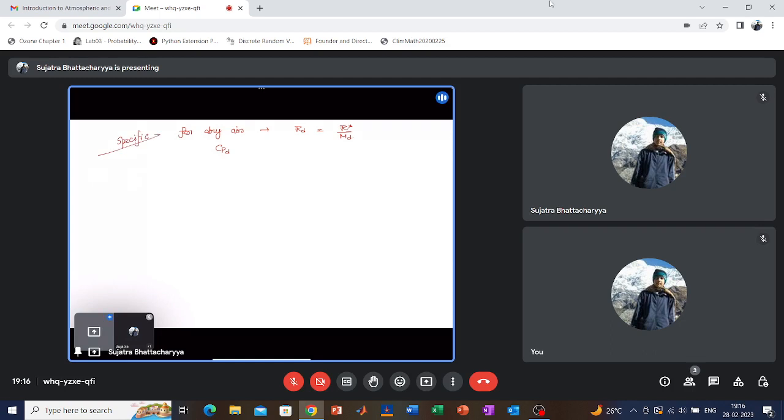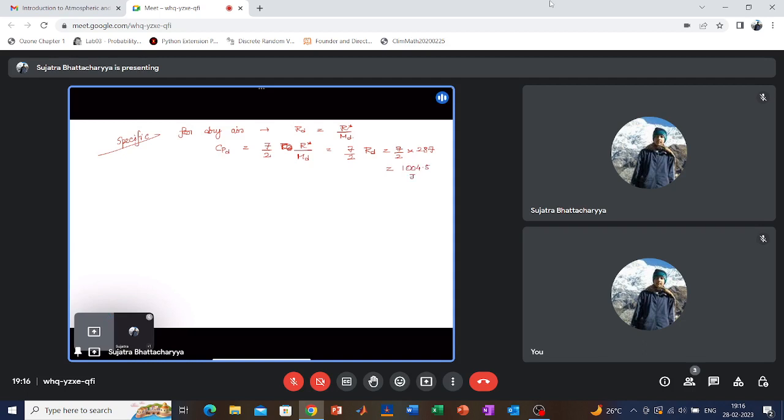So Cpd for dry air will be, earlier it was 7 by 2 R star, now just replace it with Rd, R star by Md, because this is per unit mass. So it will be 7 by 2 Rd. How much does it come to? 7 by 2 into, we know this value, 287. Is it near 1004? Let's see. 287 times 7 divided by 2. Yes, it is 1004.5.